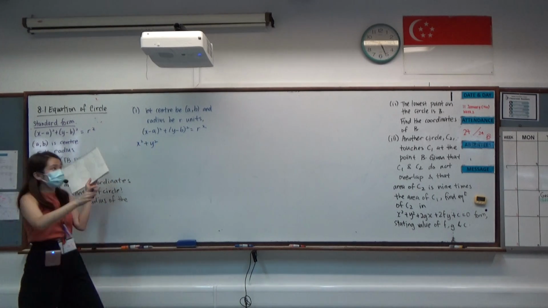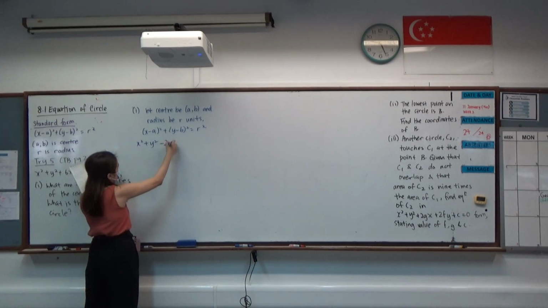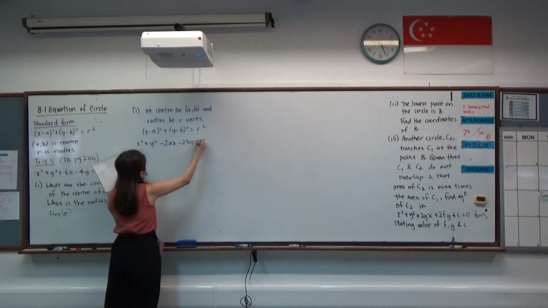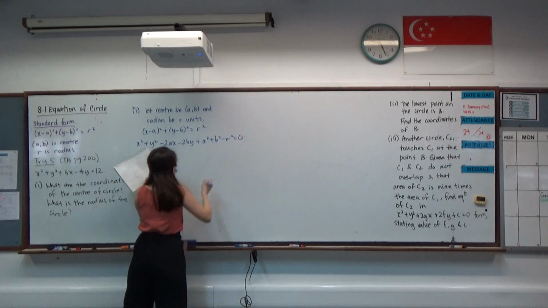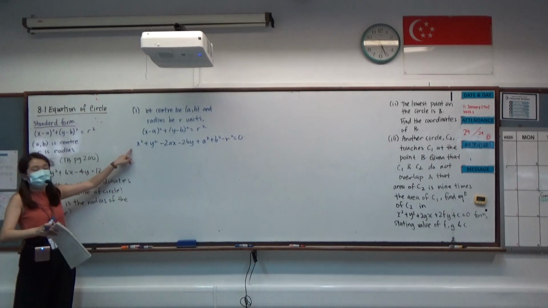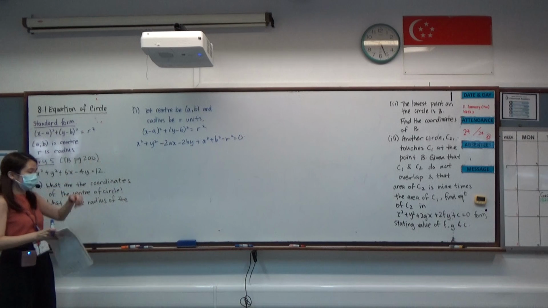If you can memorize the whole thing already, you can skip through the explanation. Then you can do that. So I skipped the whole expansion part, I just expand and rearrange.